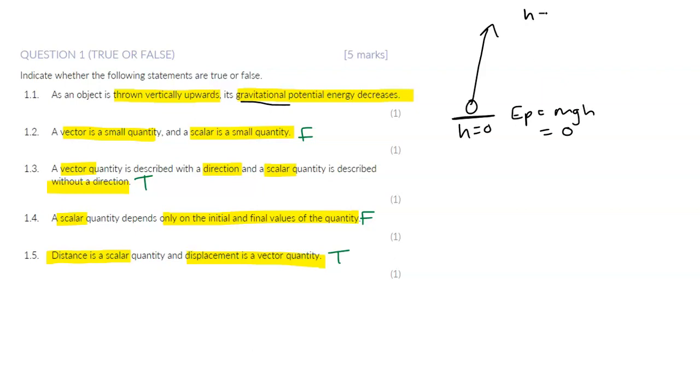And then here our h value will be a maximum, whatever that is. We can make it a 10. I always like to use numbers. So there we have mgh, and that mgh value will be larger than 10 because it's mass times acceleration times 10. And here I can see I go from a value of 0 up to a value of 10. So it doesn't decrease, it increases. So this one is false.